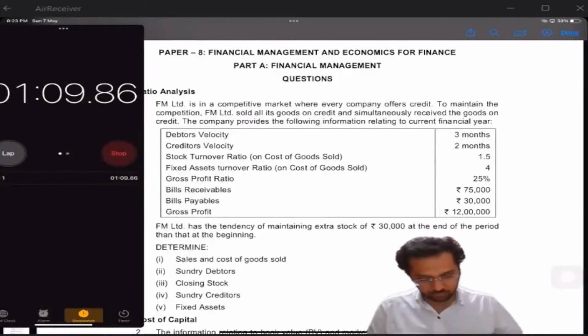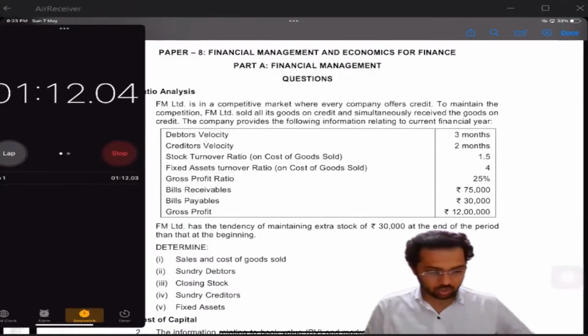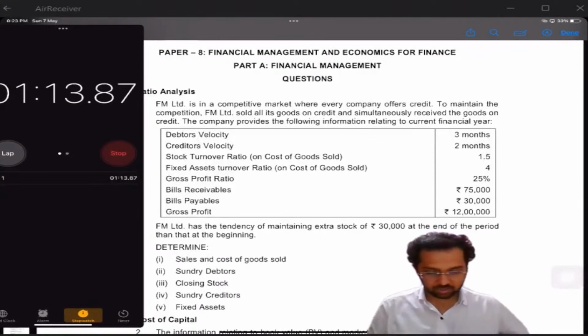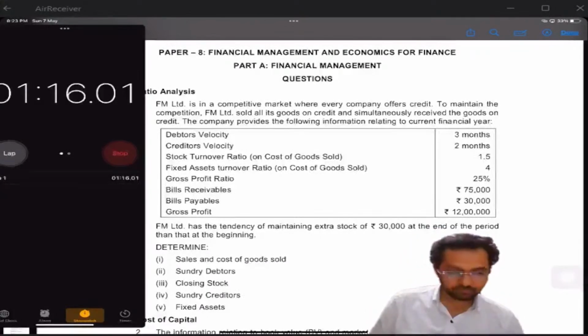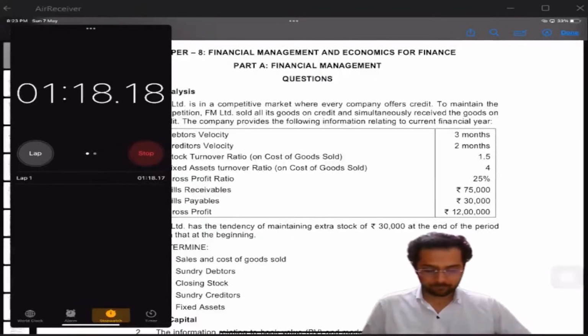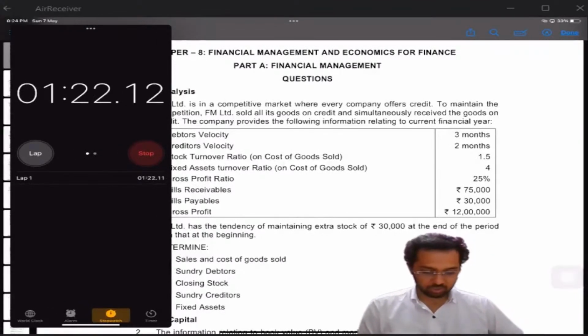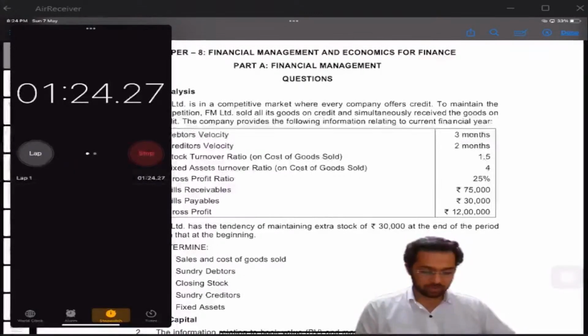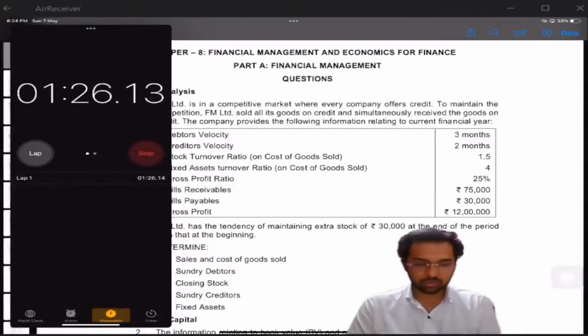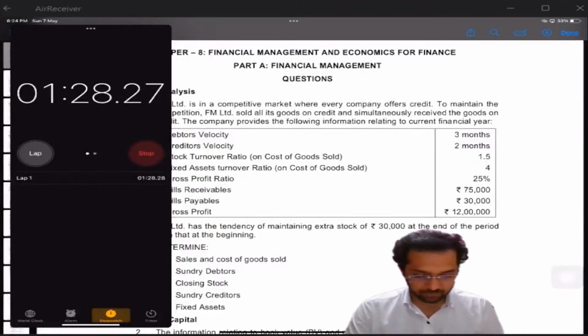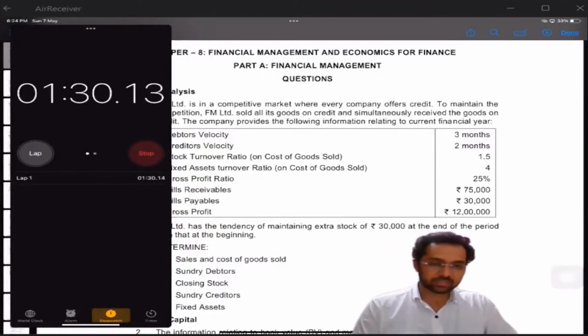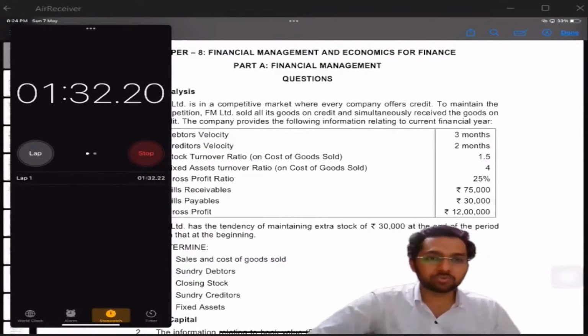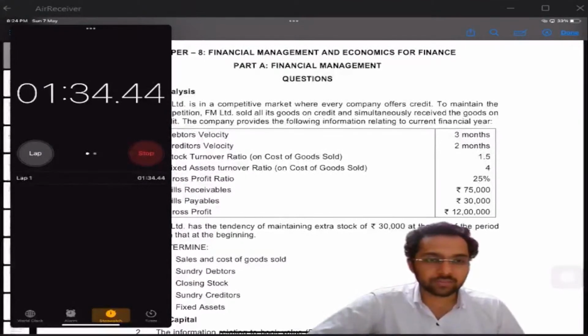Just a hint for you. You can begin with the gross profit and the GP ratio. That will give you the sales and COGS. Accordingly, you can go ahead with sundry debtors, closing stock, creditors, and fixed assets. Once you get the sales and COGS, you should be able to crack everything else in the question.